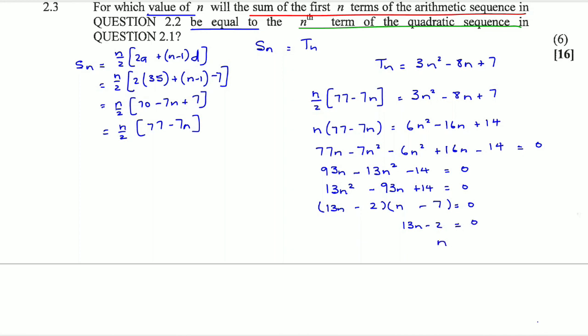So n is equal to 2 over 13, or n is equal to 7. Now, since n is the position of the term in the sequence, n is a whole number and cannot be a fraction. So n equals 2 over 13 is not a solution. So the value of n we're looking for is n equals 7.